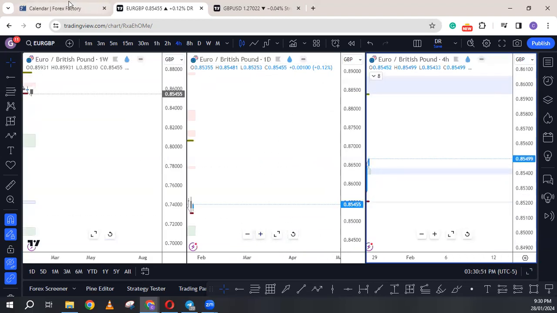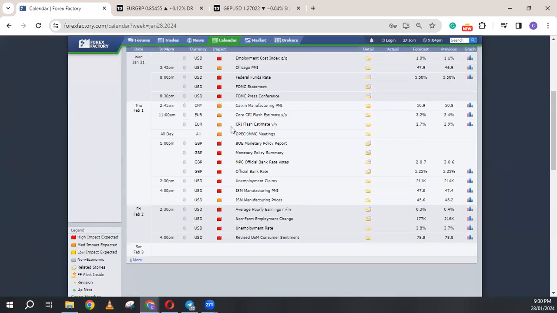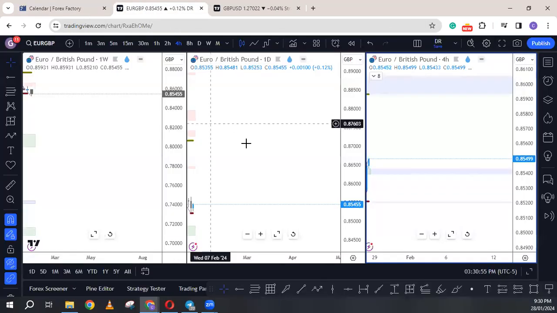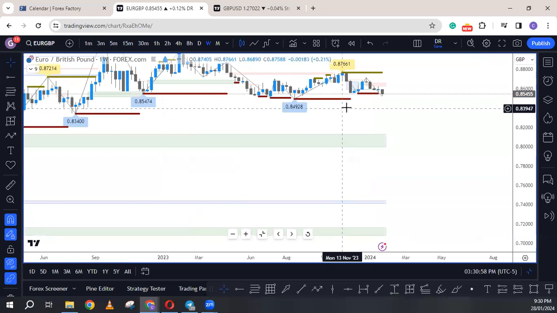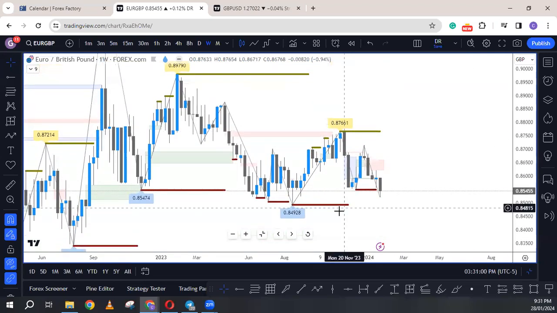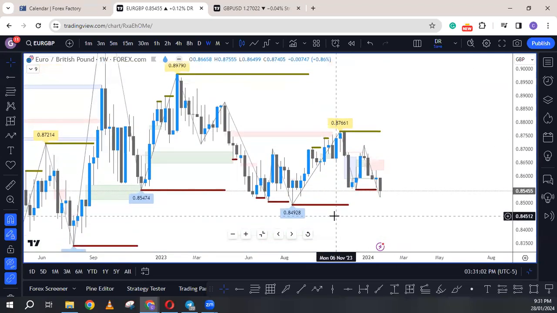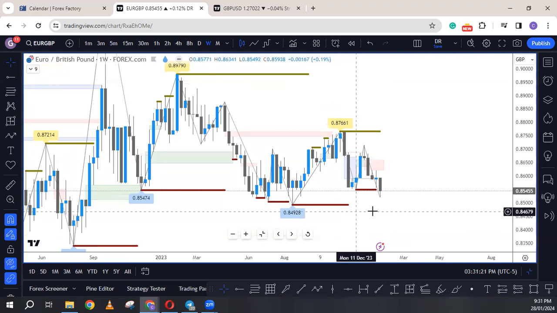As you know, we have high impact news for the pound on Thursday, so that will greatly influence this pair going into the new week, which will determine the strength of the British pound and the euro against maybe something like the dollar index, Euro AUD, GBP AUD, Euro Yen, Pound Yen, and all those other crosses.